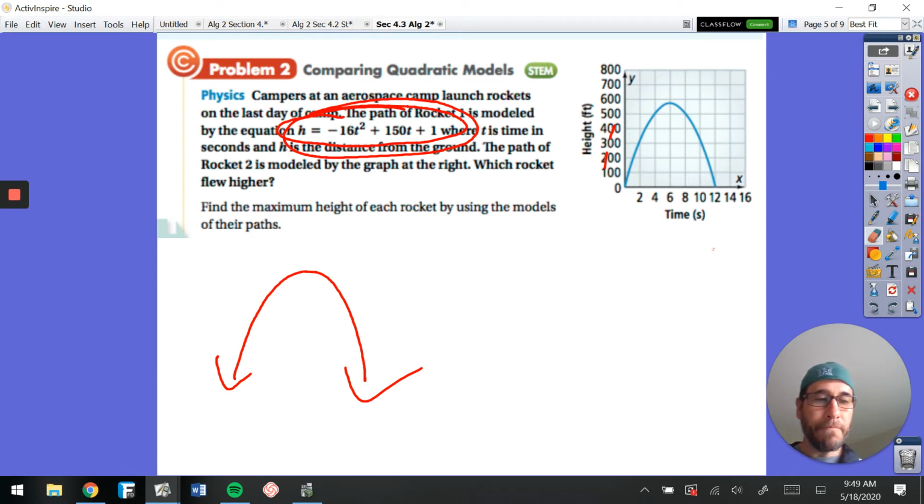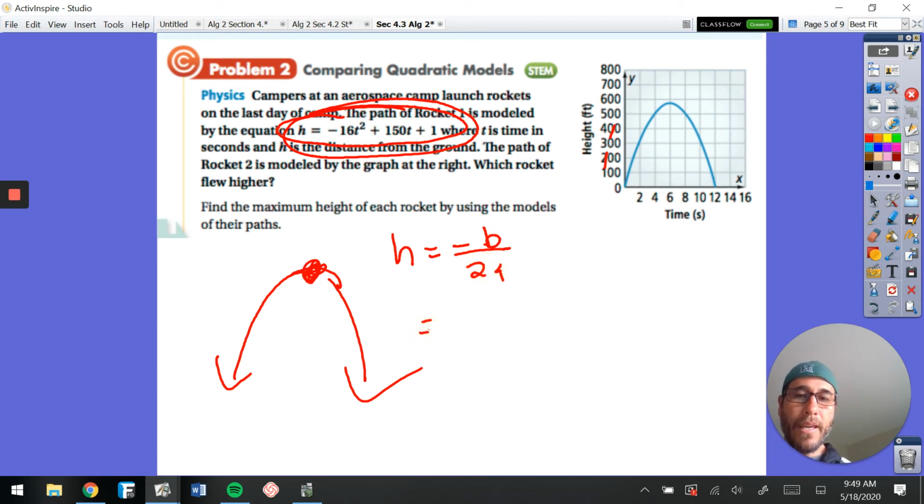Now remember, we learned in the lesson before today in section 4.2 that I could actually find where this vertex would be on rocket number 1. Okay, there's the vertex. And remember, the vertex is h is equal to the opposite of b over 2a.